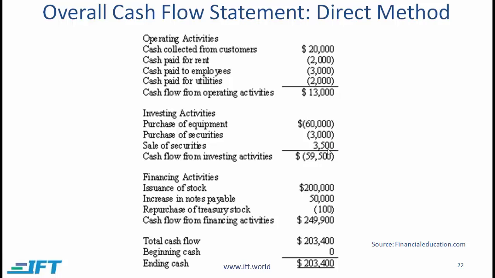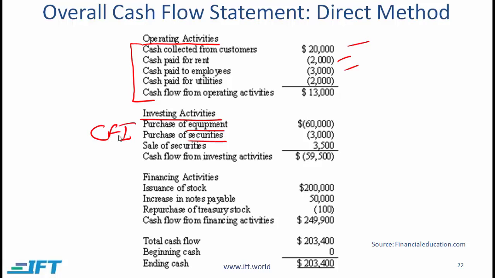Putting all this together, you notice that we have operating activities shown right up front, and we have discussed each of these elements: cash flow from customers, and then various cash expenses such as cash paid for rent, employees, etc. Then we have investing activities, where primarily we are dealing with the purchase and sale of equipment. Even investment securities would fall in this category.